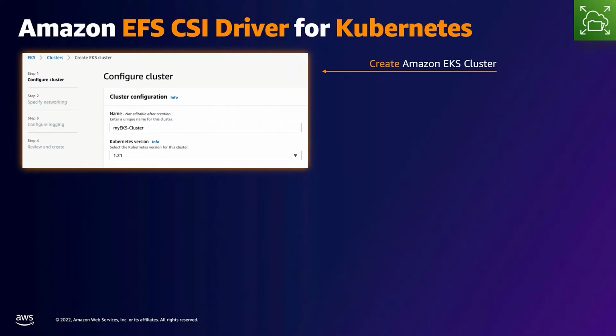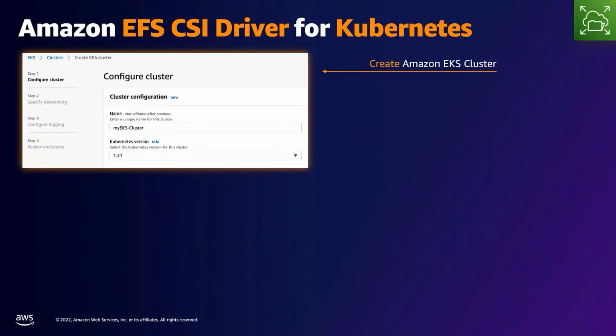We are just taking this example where we are creating a managed EKS cluster. What that means is you don't have to manage the cluster yourself. All the patching, version control, and updates are taken care of by Amazon.